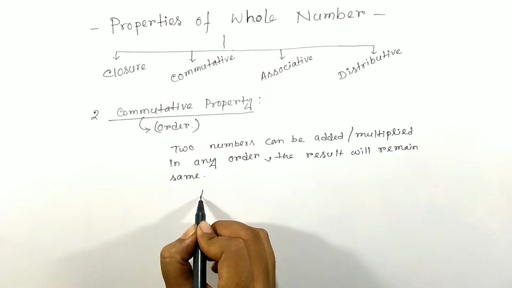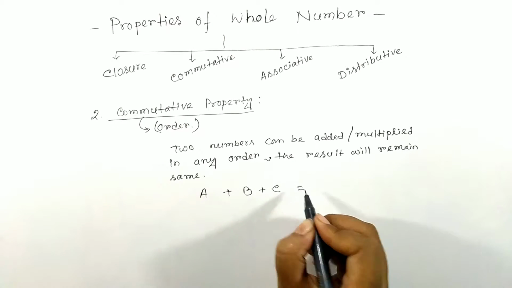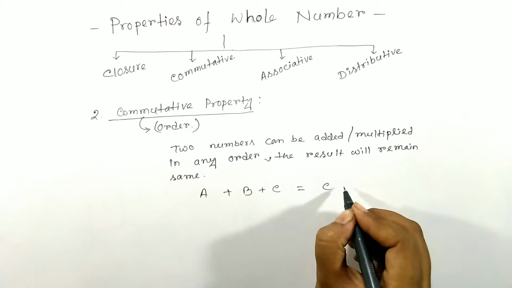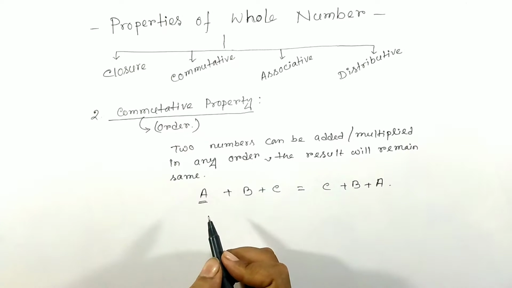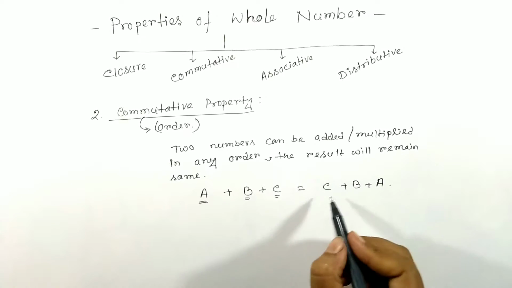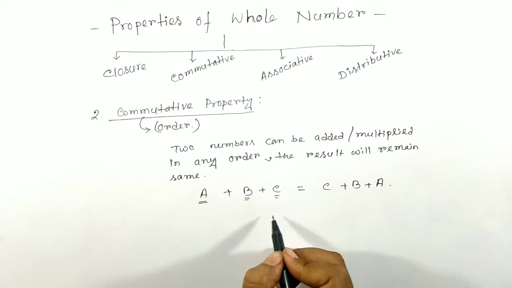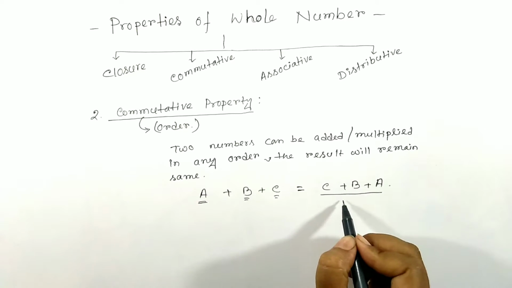Suppose you have three numbers. Here I write A first, then B, then C. But these three numbers can be written like this too. This is a different order.